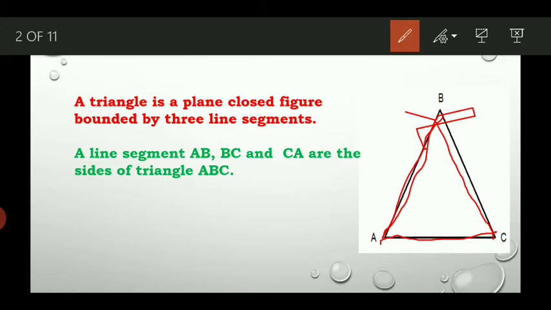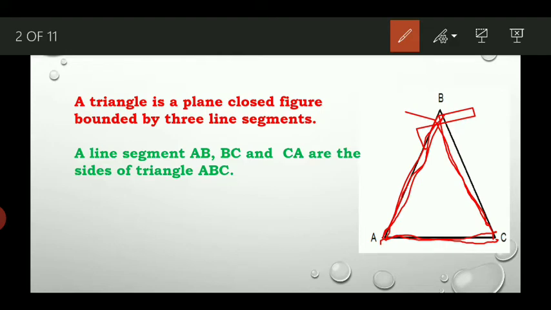So it's a closed figure with three line segments, and when they are joined together they form a closed figure, and it is known as a triangle.